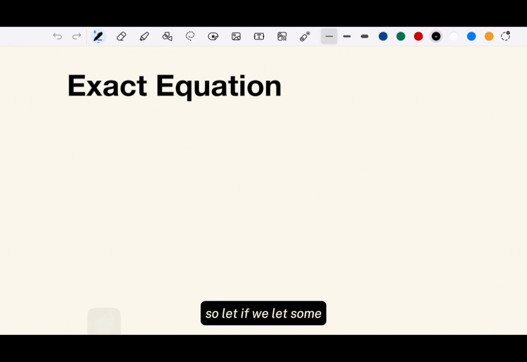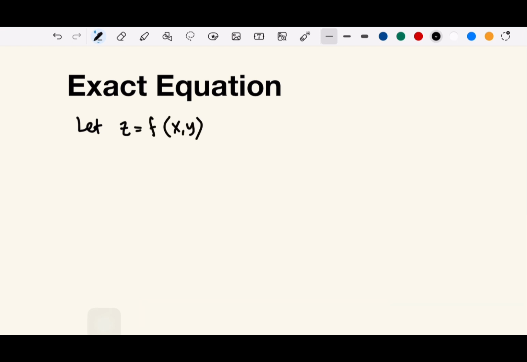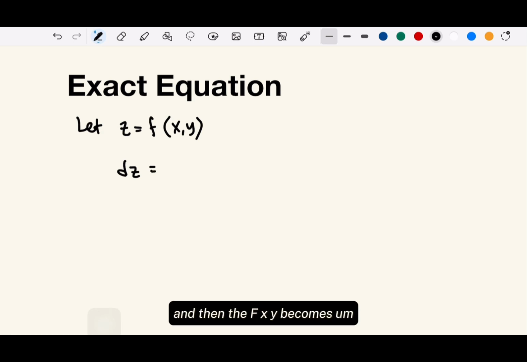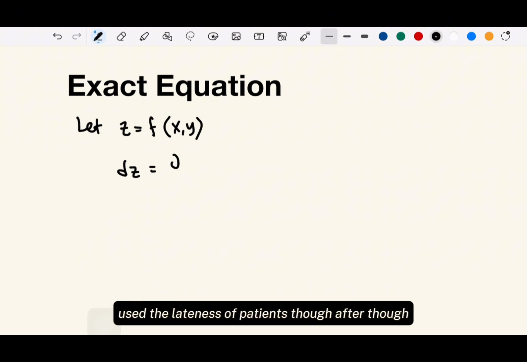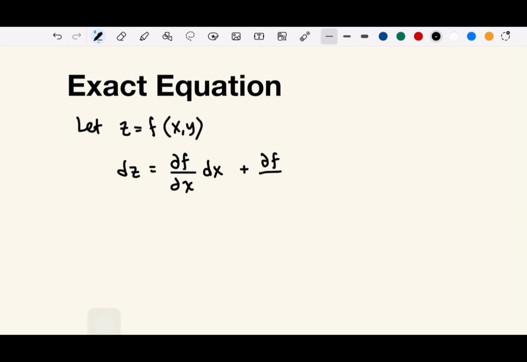If we let z be a function of two variables x, y, we can partially differentiate this and make dz, using the Leibniz notation, equal to ∂f/∂x dx plus ∂f/∂y dy.